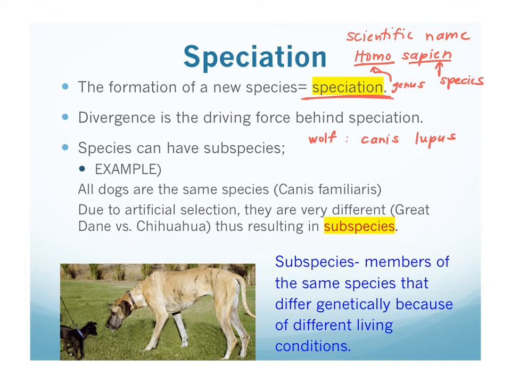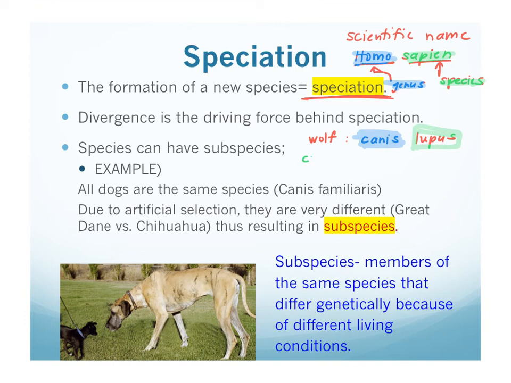So remember, if we kind of go back here, the genus is given in blue here, okay, and the species is given in green. And so if I look at the genus for wolf, it would be Canis, and if I looked at the species in the wolf, it would be lupus.